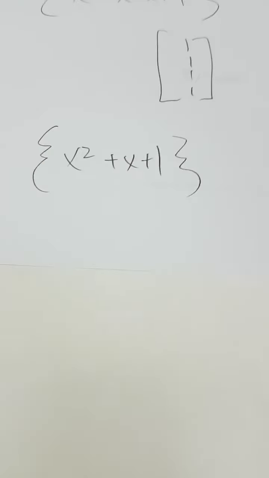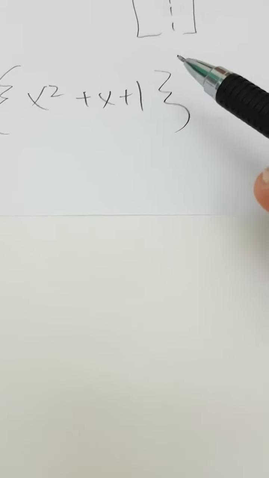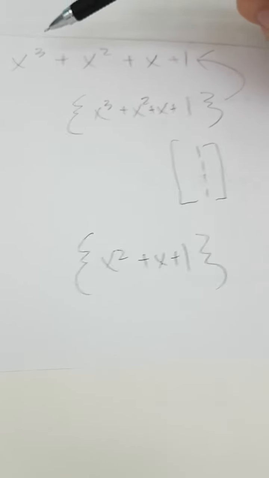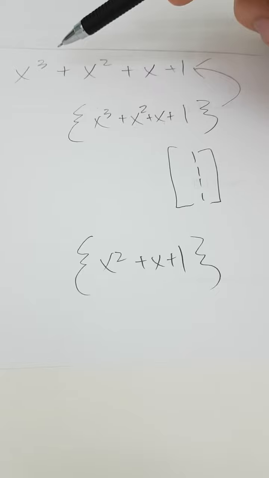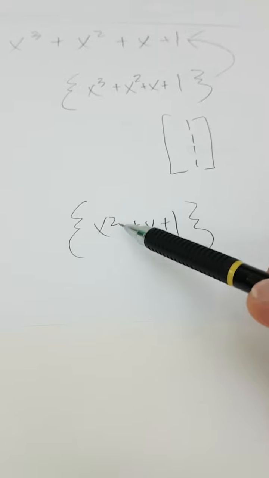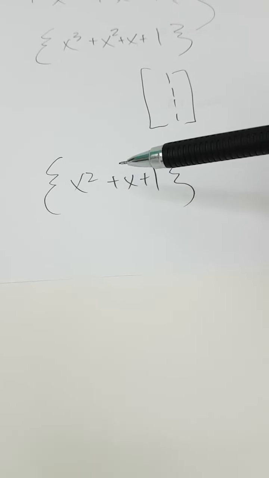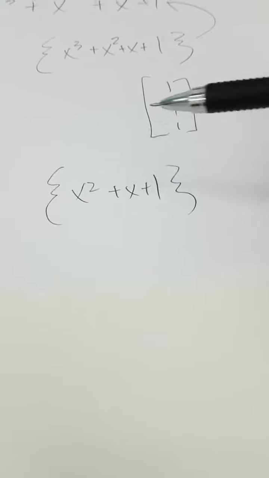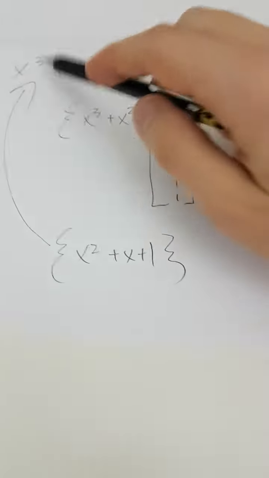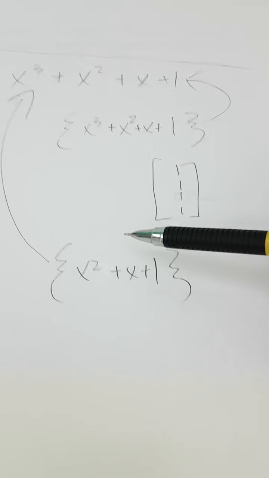But then, what if your basis was this? x squared, x, 1. So you have a third degree polynomial, right? Its highest power is 3, but your basis only has a highest power of 2. So by linear combinations, it's impossible for you to get this polynomial from this basis, right?